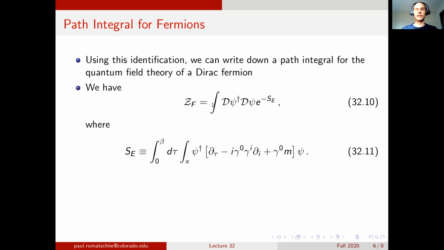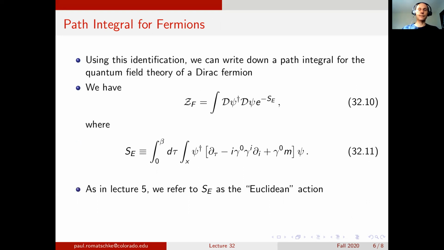It's given as the integration over the classical anti-commuting, or just Grassmann, variables psi dagger and psi of e to the minus S_E, where S_E is this expression here. It's just the Hamiltonian that we wrote down before. And we are going to call this the Euclidean action, the same way that we have called the corresponding quantity the Euclidean action in the bosonic field theories.